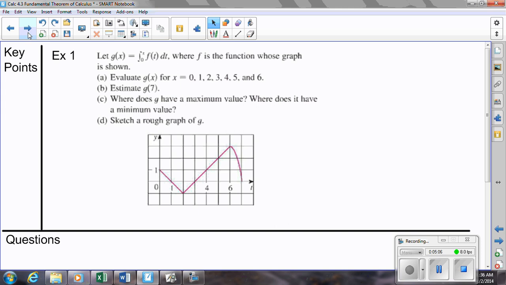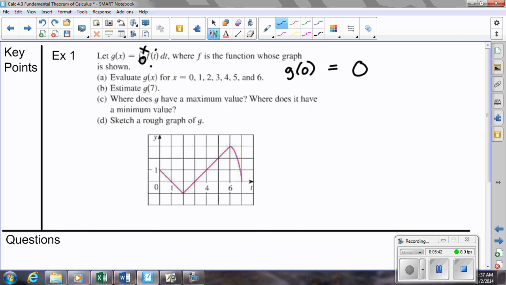This is where we could start doing a little bit of an investigation. G of x is this type of function. It is the area underneath the curve from this graph f that's shown, and it's the area starting at 0 and going over to some number x. So, what is g of 0? That's asking us what is the area starting at x equals 0 and ending at x equals 0.